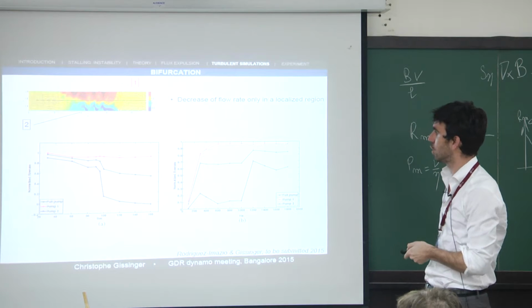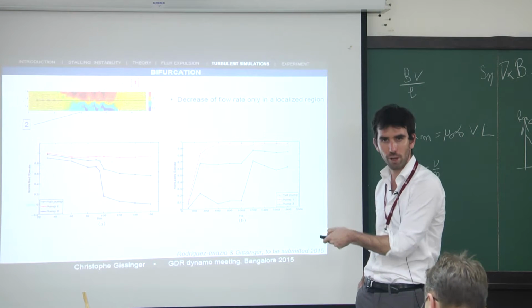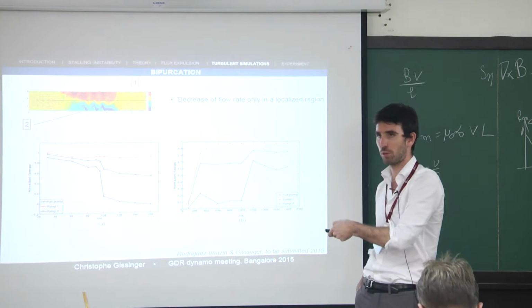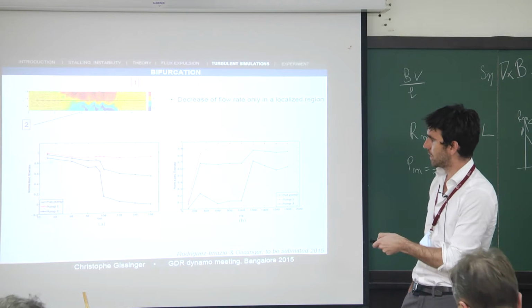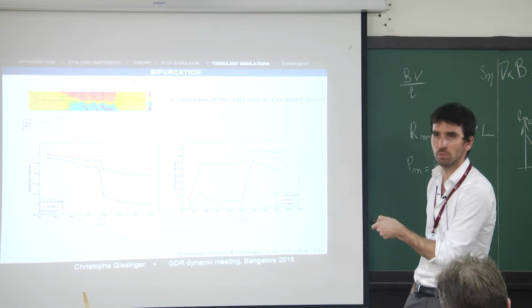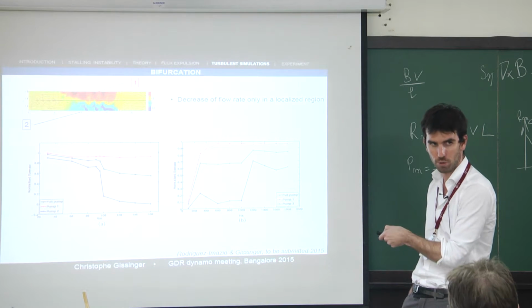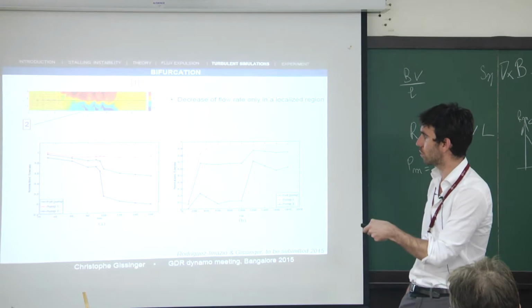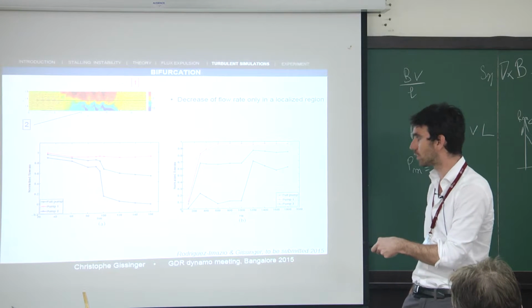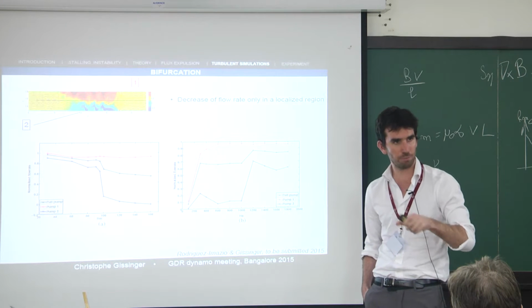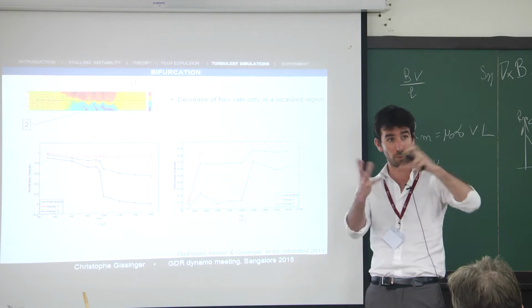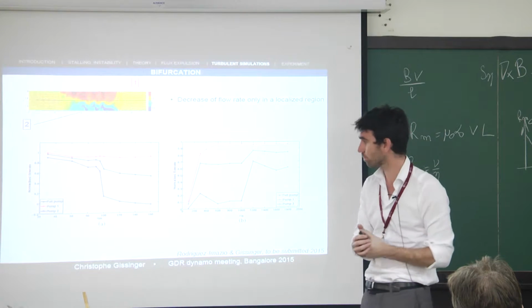If you do that, you can plot the normalized flow rate of each region as a function of the magnetic Reynolds number. And what appears is that pump 1, the region close to the coils, behaves like it doesn't want to stall. It stays in synchronism. On the contrary, the other region will stall, following the same kind of mechanism that we see in the global laminar simulation.